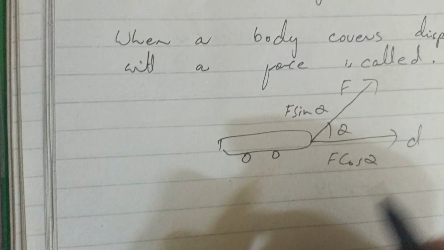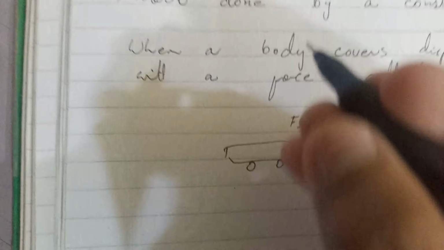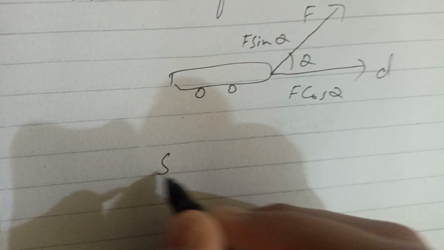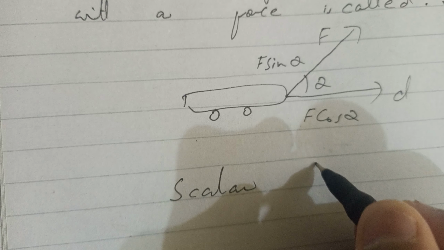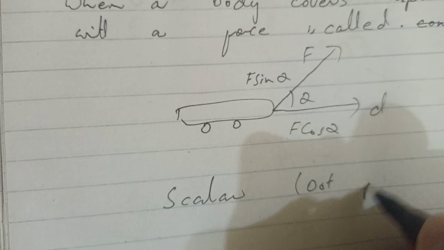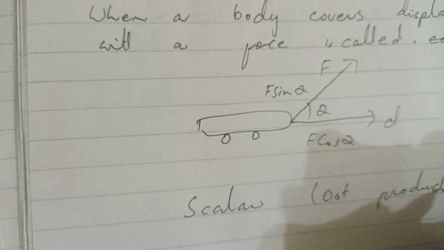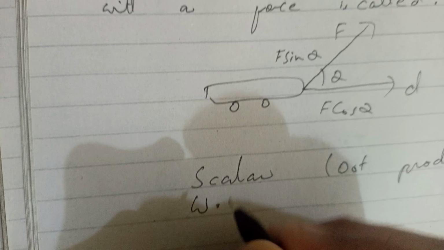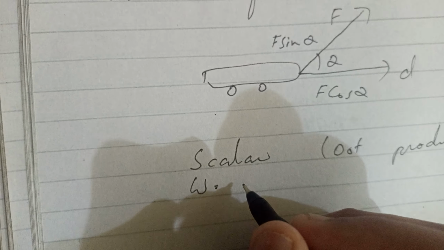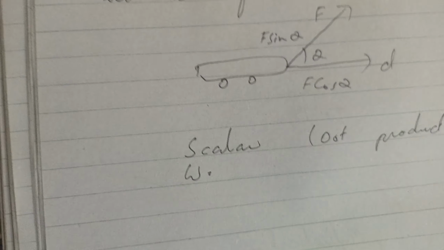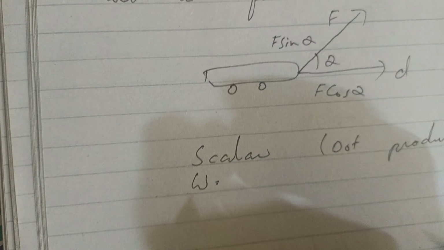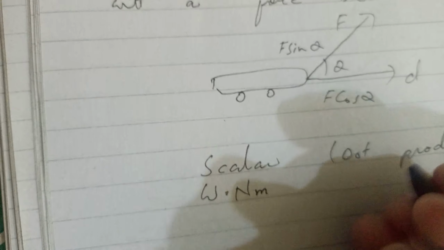Now we are talking about some basic things. Work is a scalar quantity, which means it's a dot product. If you talk about the units, W is equal to mg, where m means mass and g means gravity, meaning a force, so it will be Newton meter.